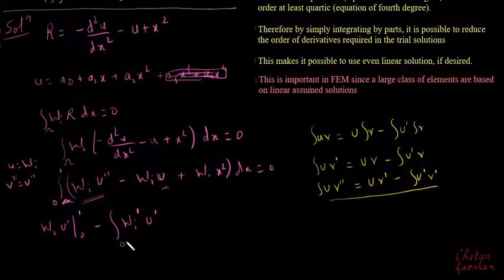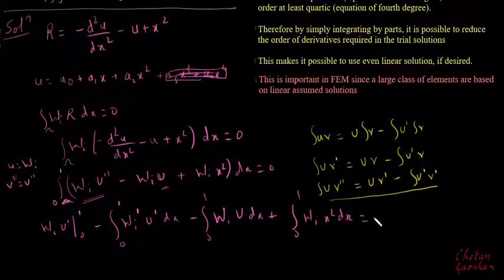Again the integration goes from 0 to 1, and this term will remain as it is, minus this will become dx, and this will become integration of 0 to 1 wi u dx plus integration of 0 to 1 wi x square dx equal to 0.